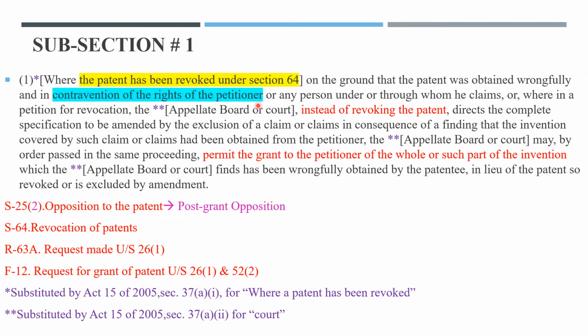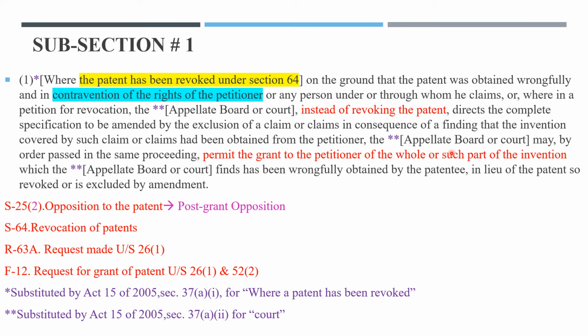That means we can say there is a danger to the rights of the petitioner or the person under or through whom he claims. Okay. Or another situation is where in a petition for revocation, the appellate board or court, instead of revoking the patent, directs the complete specification to be amended. And how it will be amended? It will be amended by exclusion of a claim or claims in consequence of finding that the invention covered by such claim or claims had been obtained from the petitioner.